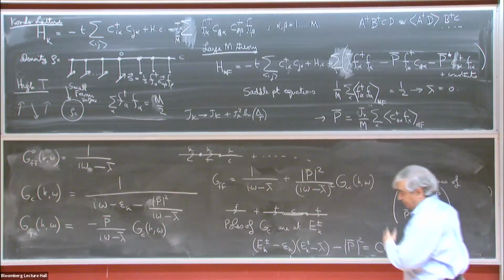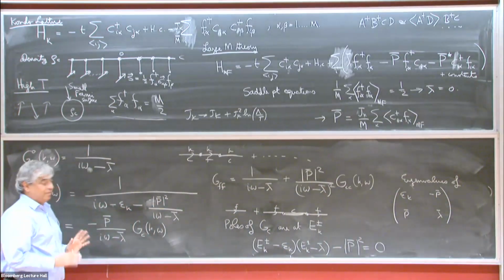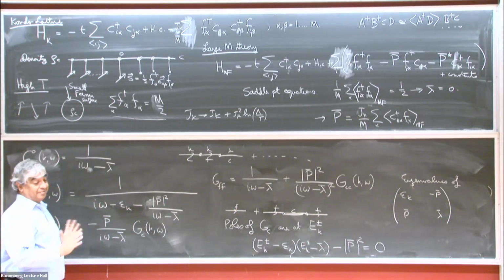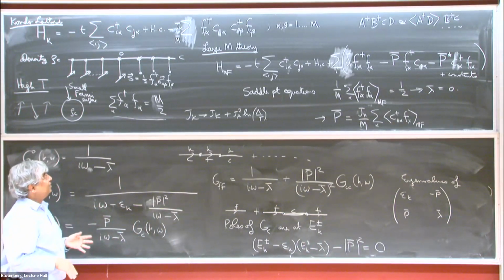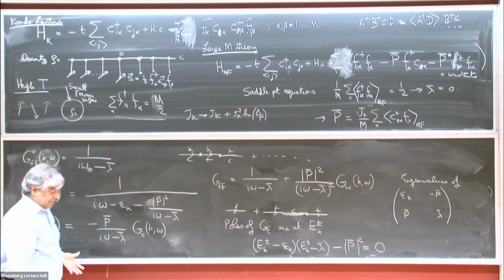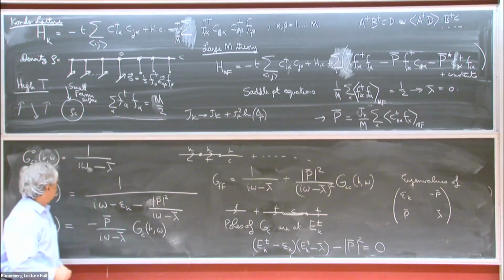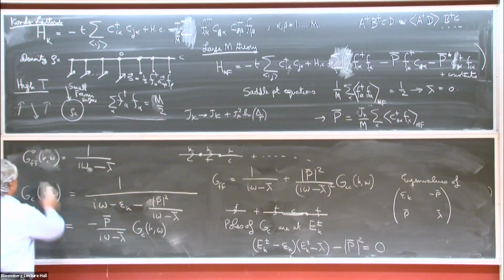Now in the solution, I will anticipate, which we will verify, that P bar is going to be very small. In fact, it's going to be pretty much the same value of P bar that we found for the impurity model. So let's just look at the structure of what happens when P bar is very small. So I'll do that over here.